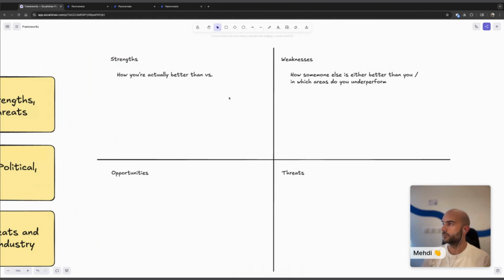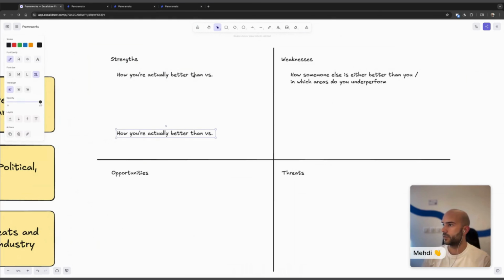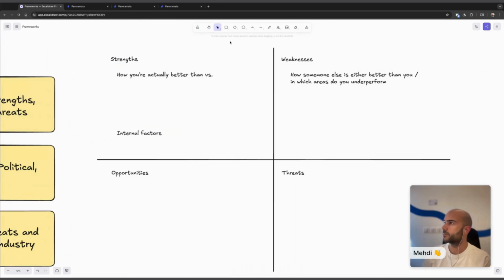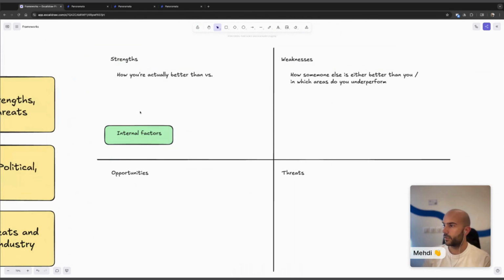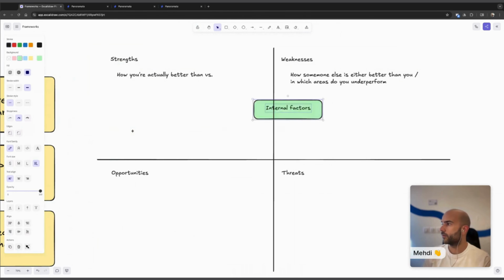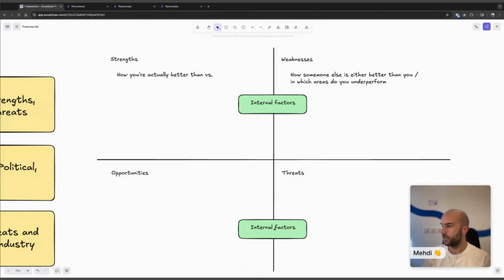And those are, I'm going to put this in bold here, internal factors. So whether it's strengths or weaknesses, those are really internal factors that you should be looking at. On the contrary, opportunities and threats are external factors.